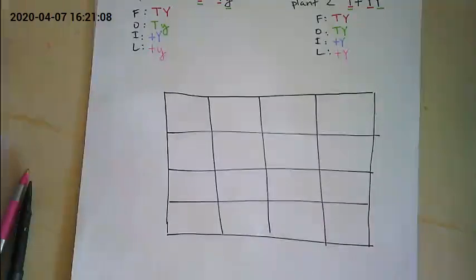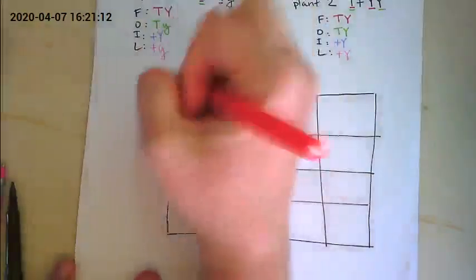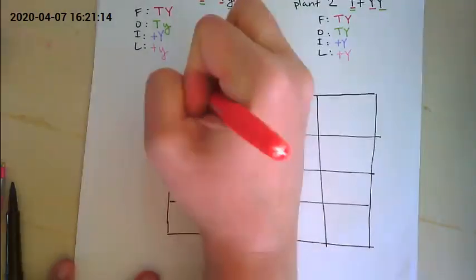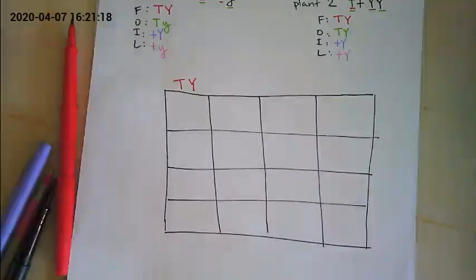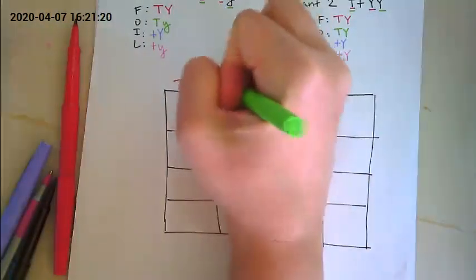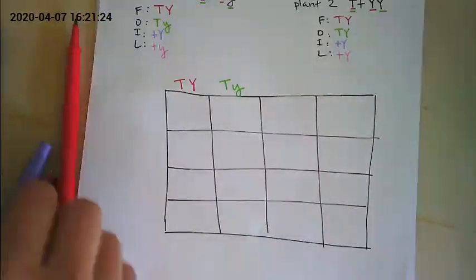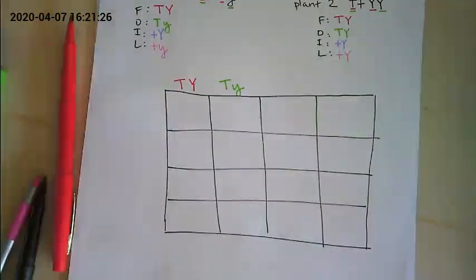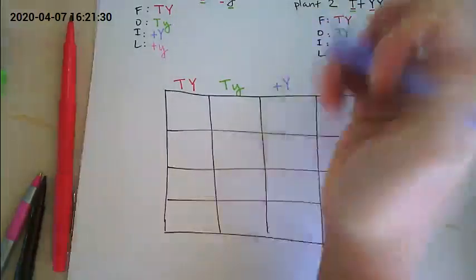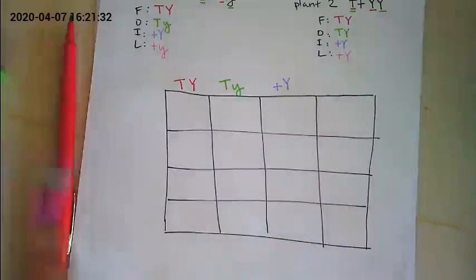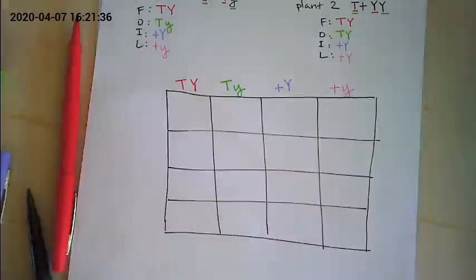You know you do. Okay, so let's put these phenotypes on the outside. We've got big T, big Y. So we're going to put plant 1. Then we got big T, little y. All right, and then we've got little t, big Y. And finally, we got little t, little y.